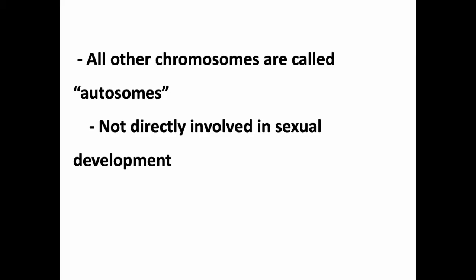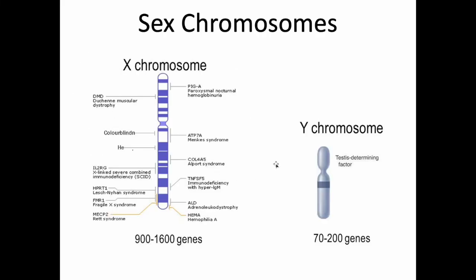So what is the difference between these two? We've got 2 different versions. What do they do? Well, the X chromosome is involved in sex development, but it's also just required for life. There's a ton of genes among these, 1,000 genes on the X chromosome that you just need to live. We cannot live without an X chromosome.